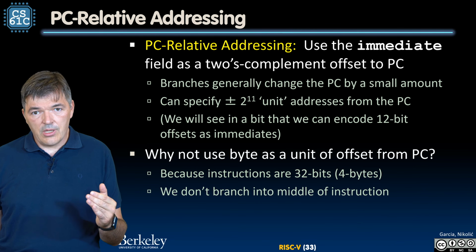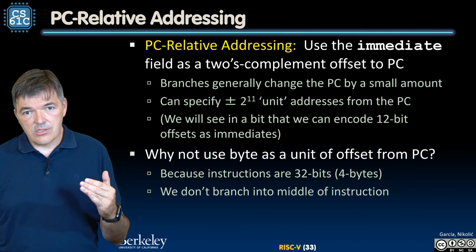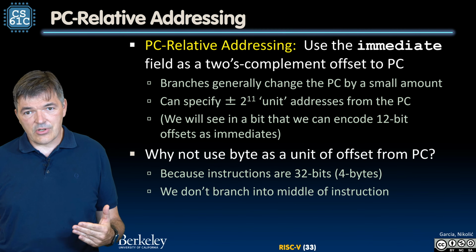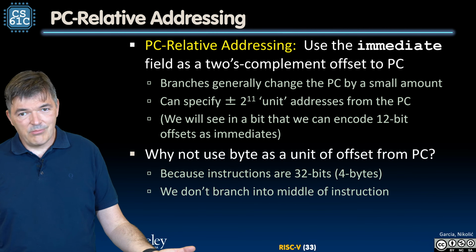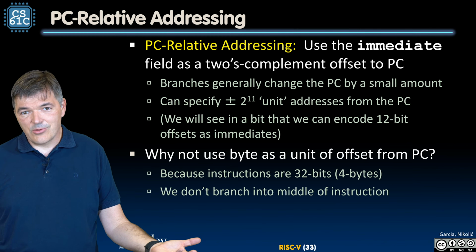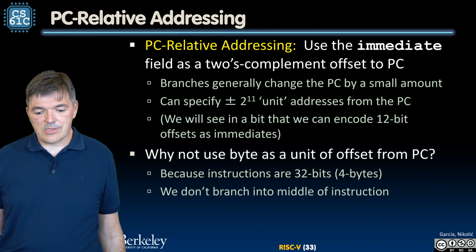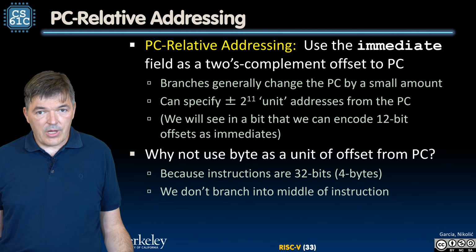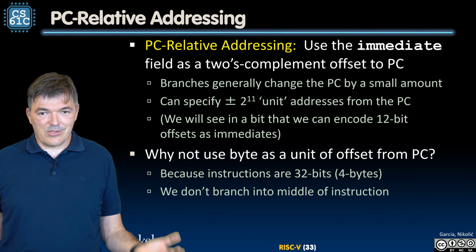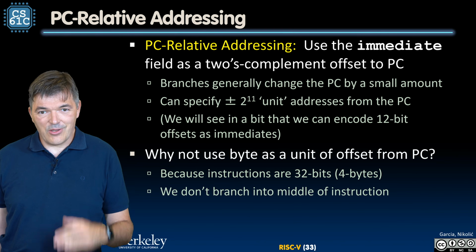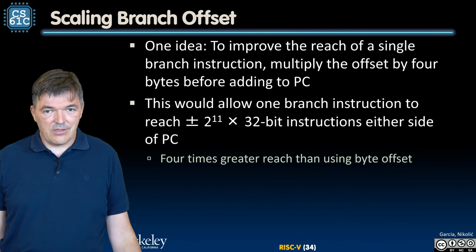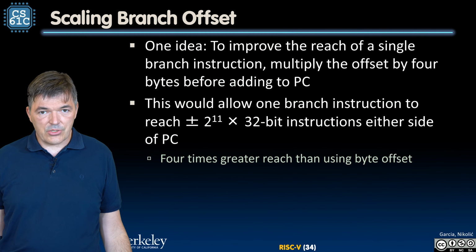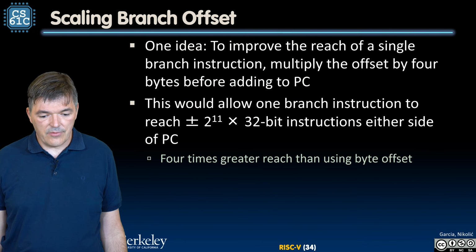So if we branch into an address that is not aligned with the start of an instruction, we would be branching into what looks like garbage to us. So we don't want to branch into the middle of an instruction. I think the other option is just to branch to the beginning of the instruction. The branch value should always be divisible by 4.